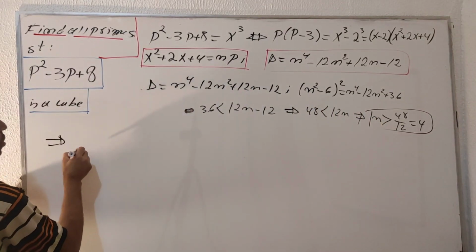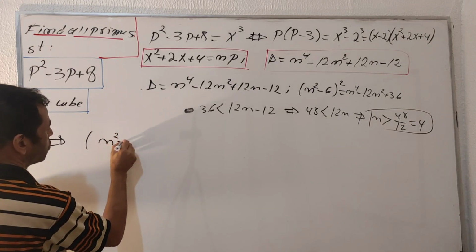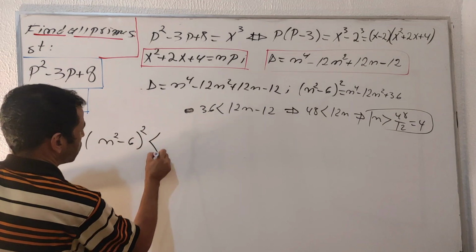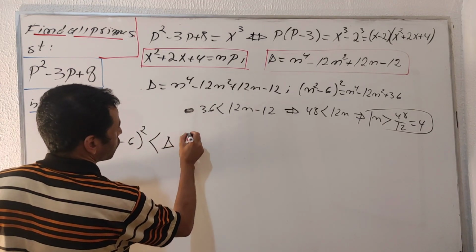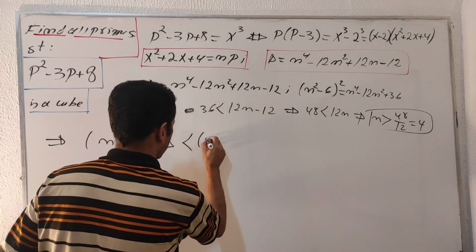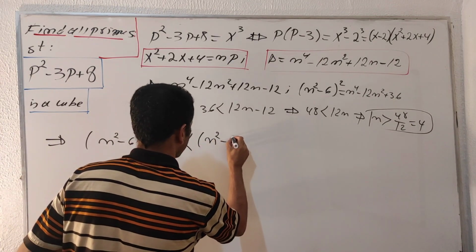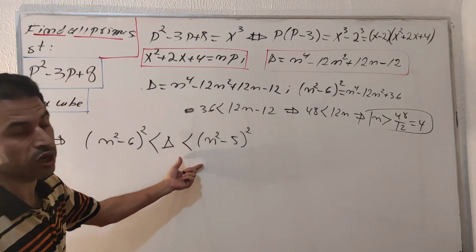Which means (n squared minus 6) squared must be strictly inferior to this delta, which is a perfect square. Let's build another side of this inequality. Let's put this one as (n squared minus 5) squared to make this one smaller than this one, but we need to check it.